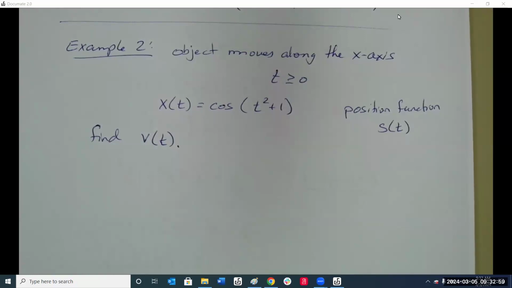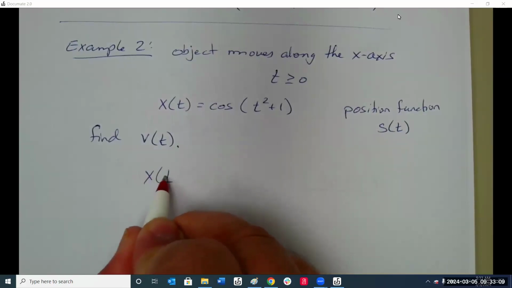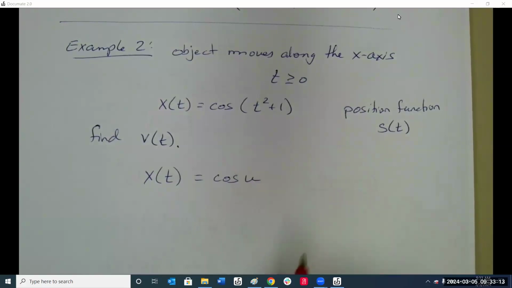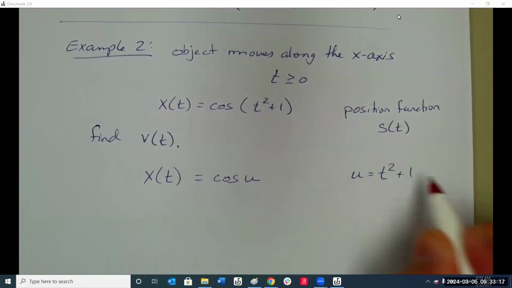How do we find the velocity? Take the derivative. So cosine of u, where u is t squared plus 1.